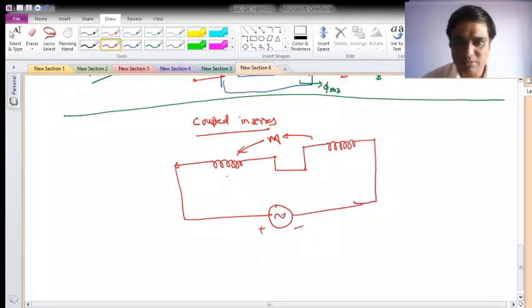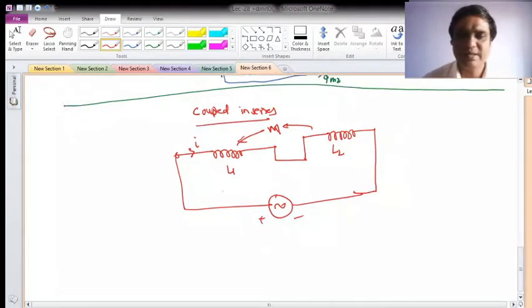So suppose this is my L1, L2. Now if I would like to write the equation, it is highly difficult for me because I have to find out I also. So suppose this is I. Okay, so now I don't know the polarities. In order to write the equation, I need the polarities. So suppose I have given the polarities like this, one is here and other is here.